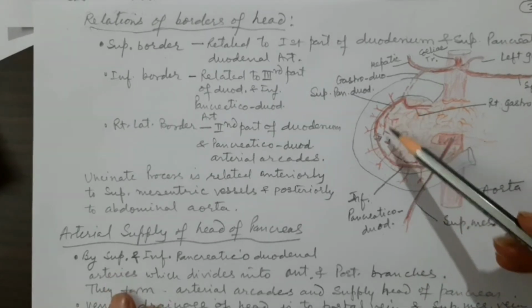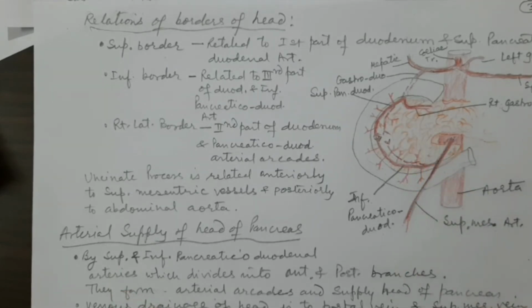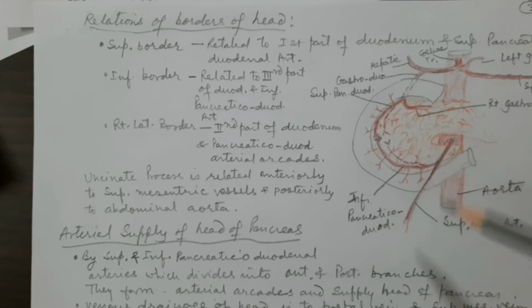Naturally, superior and inferior pancreaticoduodenal arteries, which are dividing into anterior and posterior branches, which I have explained. They form the arterial arcade and supply the head of the pancreas. So this is the major supply, superior and inferior pancreaticoduodenal.